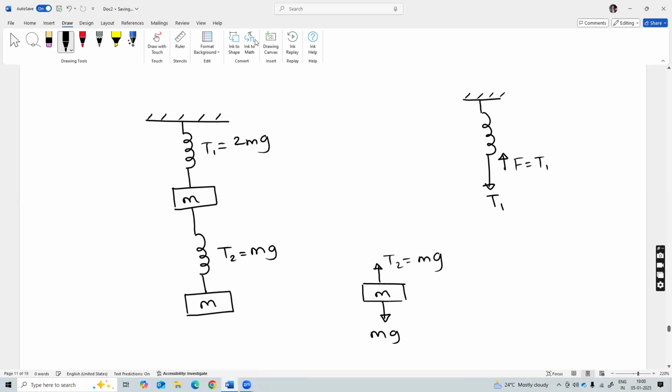So both are balancing each other at the moment. Similarly, if you consider the free body diagram of this mass, there is a force 2 mg acting in the upward direction. Then T1 is acting in the downward direction, which is equal to mg, and its weight is also acting in the downward direction.